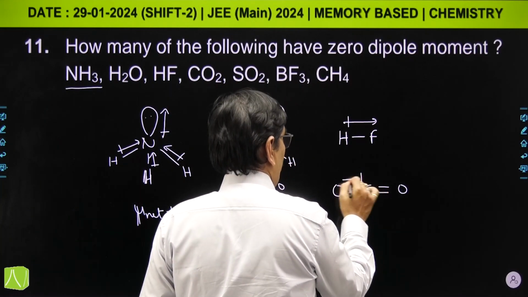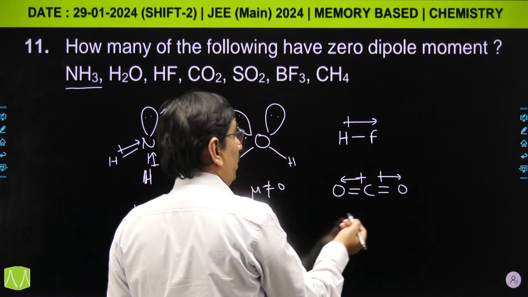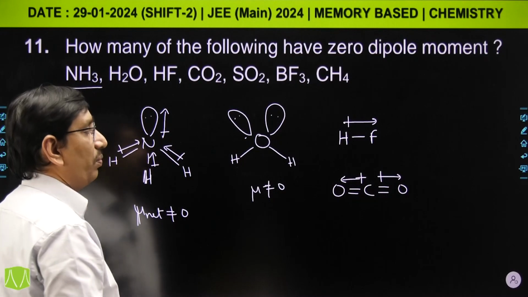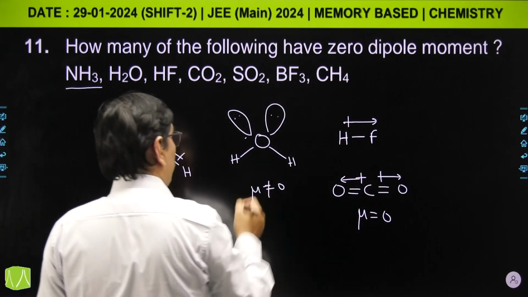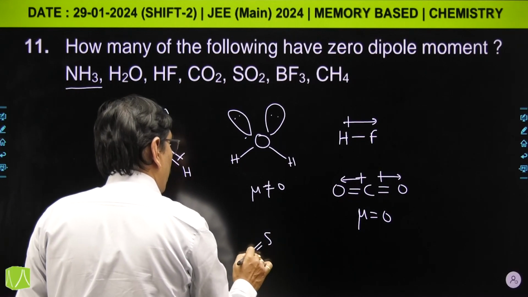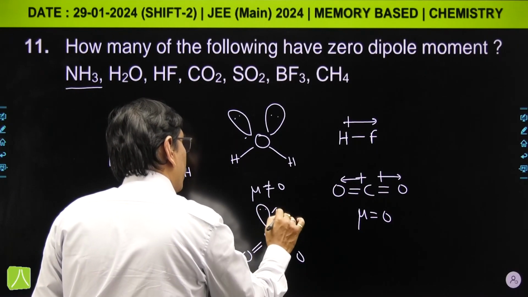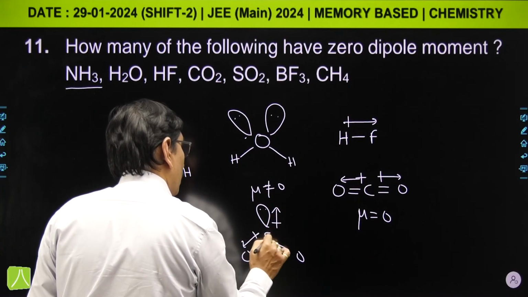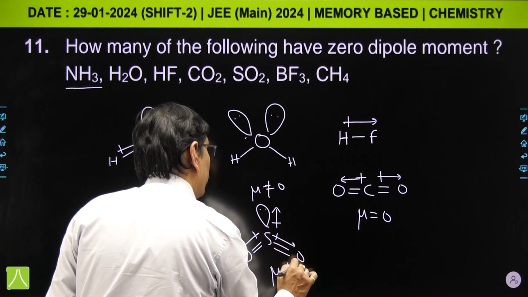And for CO2, the bond moments are opposite to one another. So, the net dipole moment is 0 for this. And for SO2 there is a net dipole moment, not equal to 0.